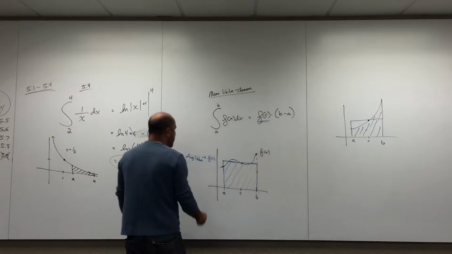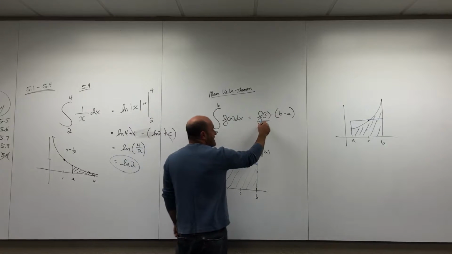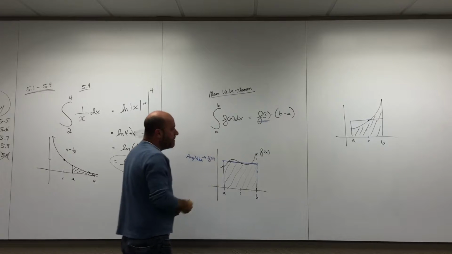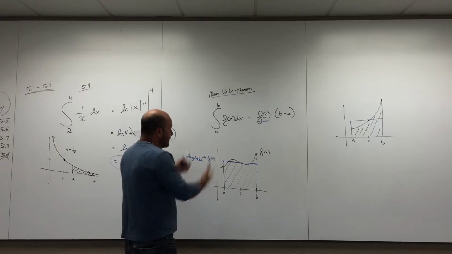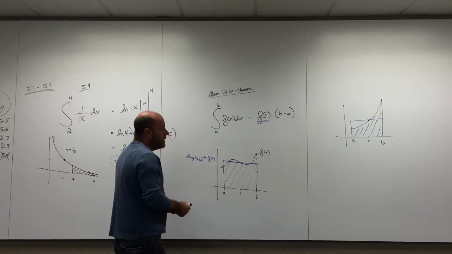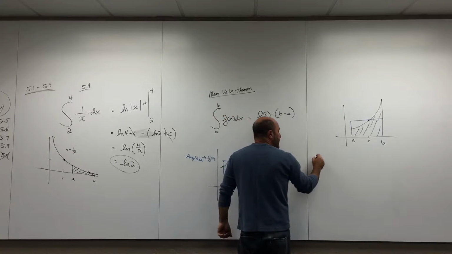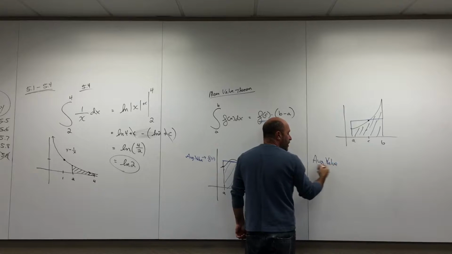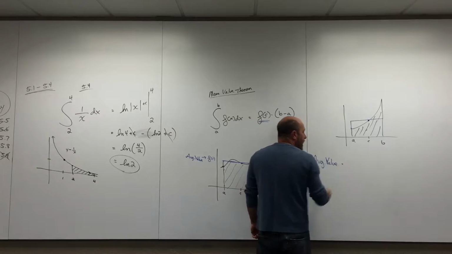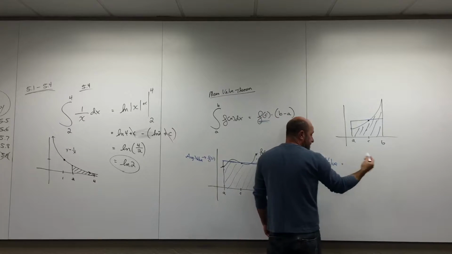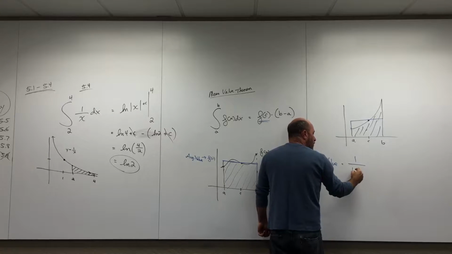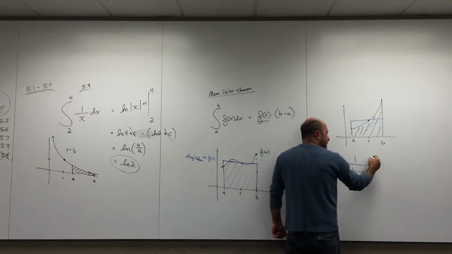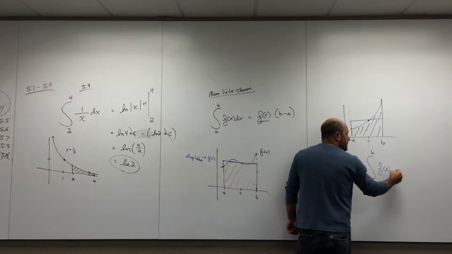And then we eventually refer to this number here as the average value. So this is the mean value theorem, and then your book says the average value of a function. They call it the average value of a function, and they say it's this: 1 over b minus a times the integral from a to b of f of x dx.